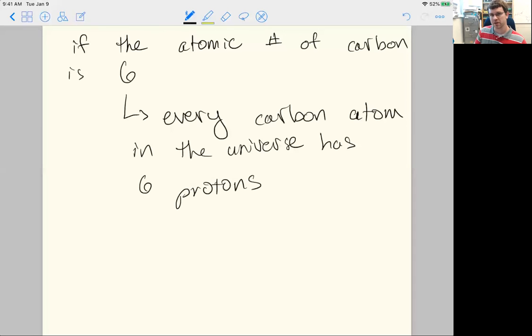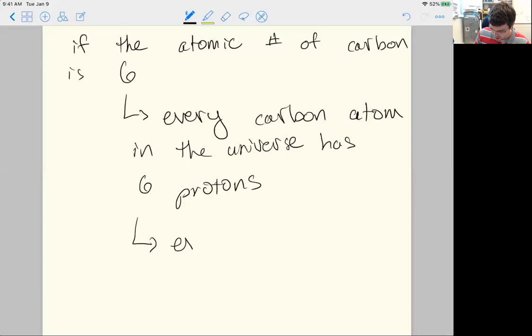Because according to the periodic table, the atomic number, which is 6 for carbon, defines how many protons are in that particular element. So every carbon atom in the universe, not just on planet Earth or in our laboratory setting, for example, every one in the universe has 6 protons.